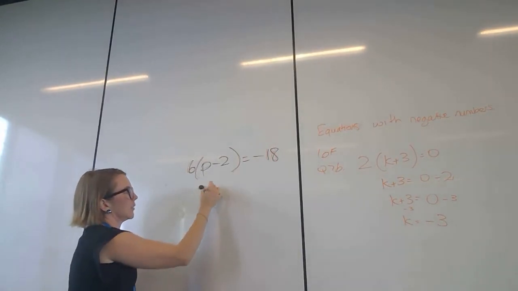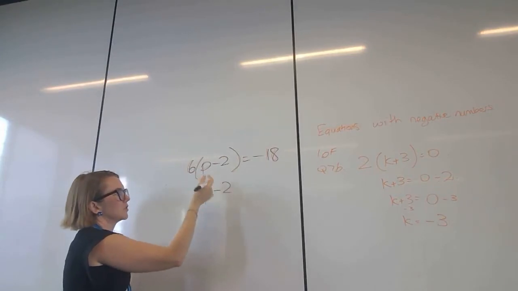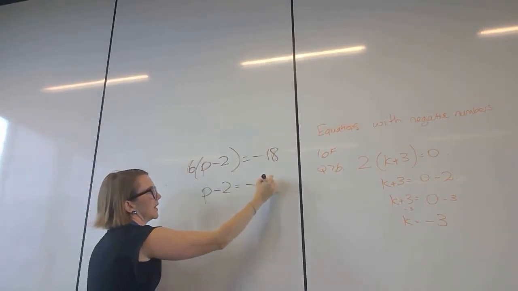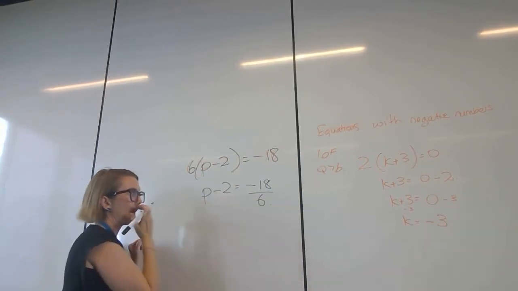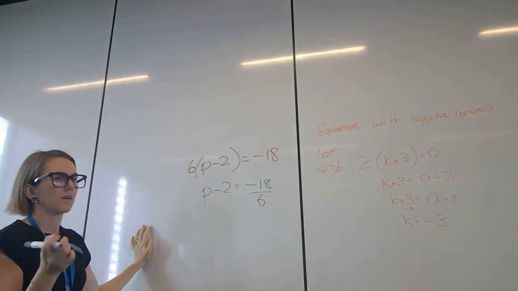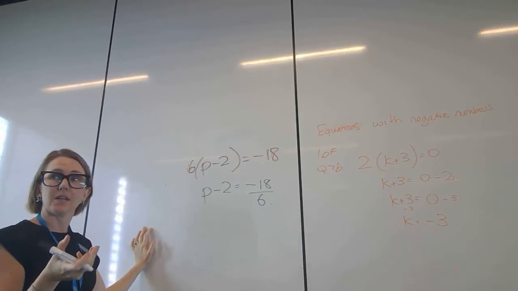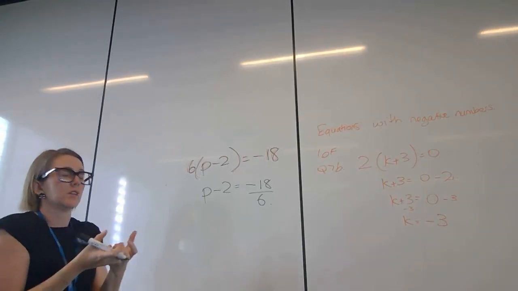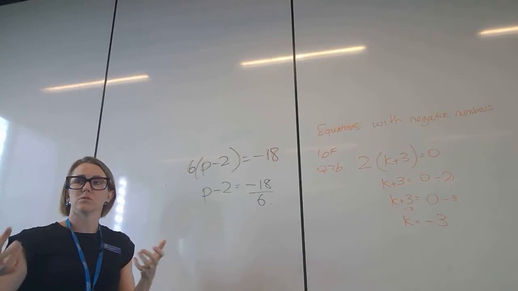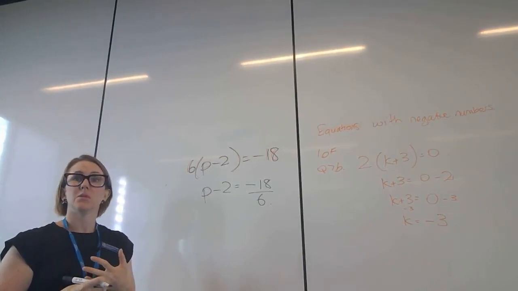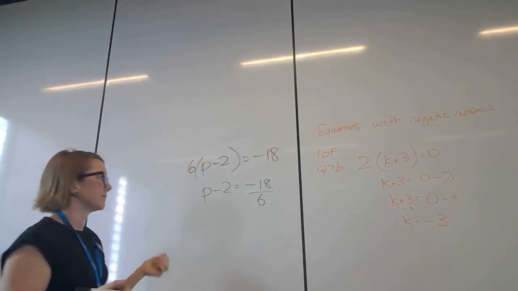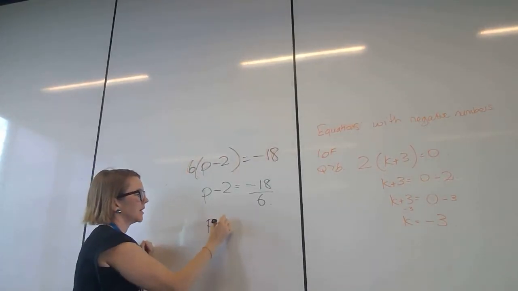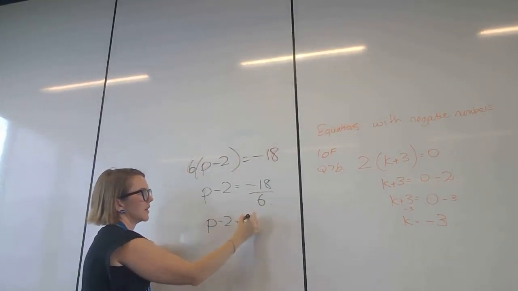So let's just do that working first. p minus 2 equals -18 divided by 6. If I've got -18 and I split those into 6 different groups, which is what this is talking about, it's going to be -3. So I've got p minus 2 equals -3.